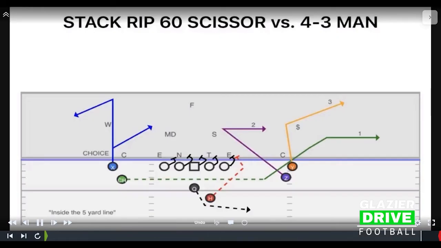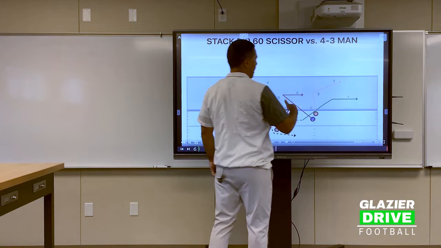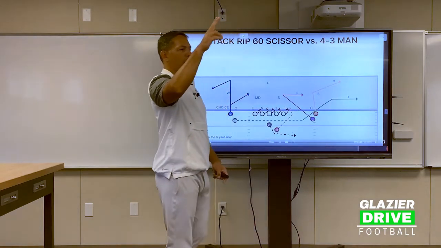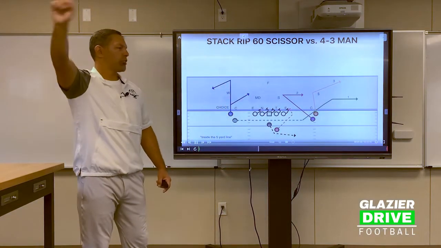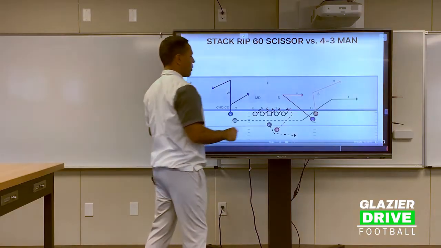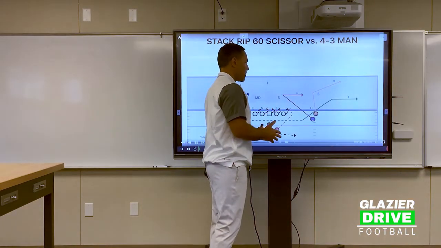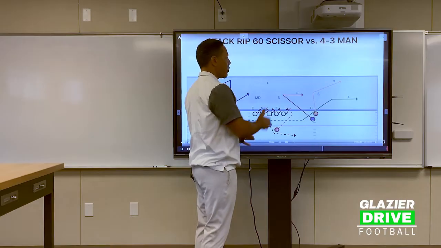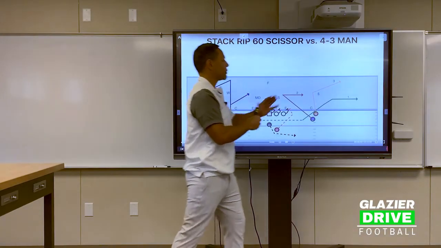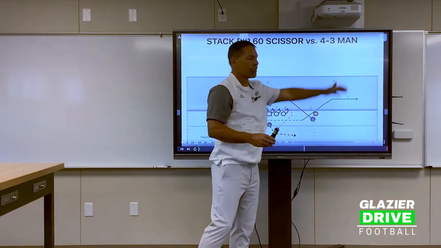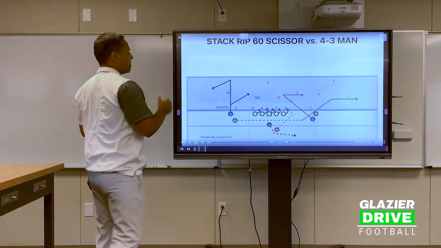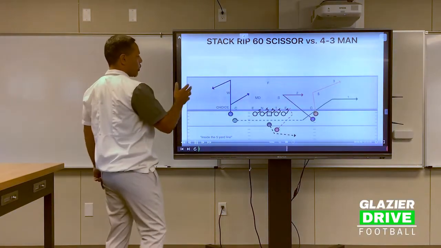And then our third read is the corner route, okay? A lot of times what he does is just occupy a player, pulls a player out, maybe pulls a safety out of his zone coverage. And so our quarterback knows if you get into your progression, and 1's not open, 2's not open, and then 3's not open, he can just throw it out of the back of the end zone. Okay. So a lot of things happening here. Quarterback rolls out.